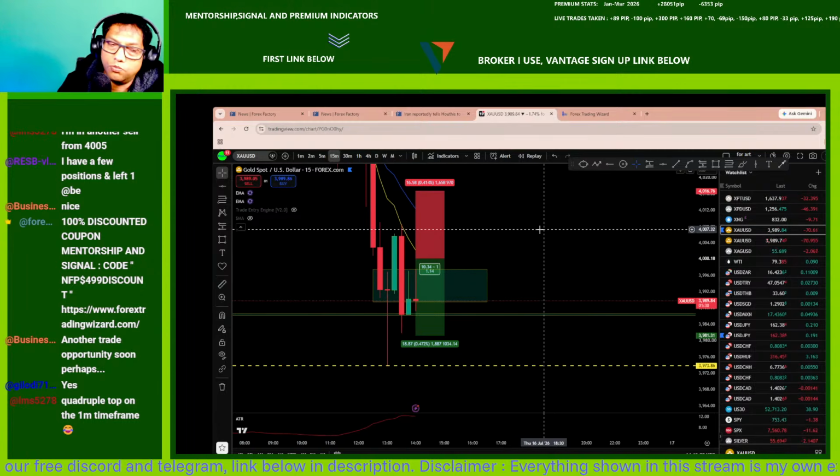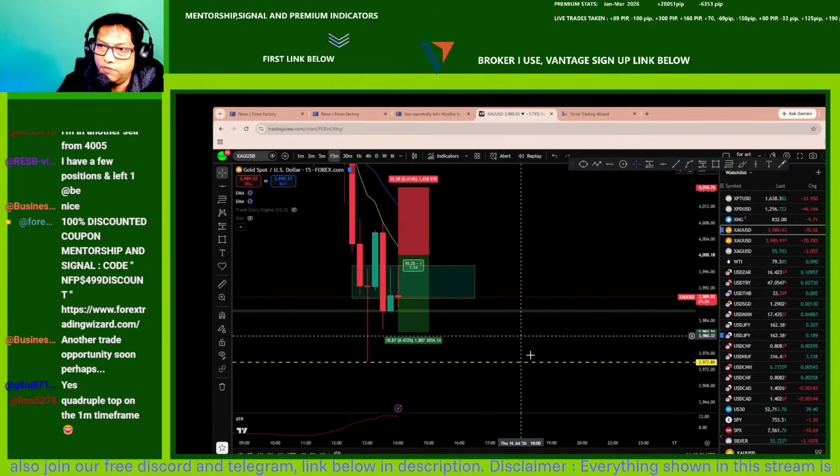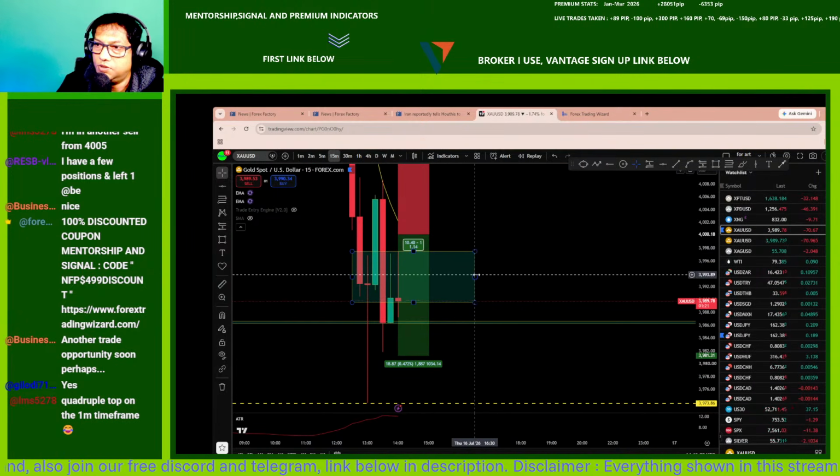It can do some more up and down in this area, and make a quadruple top before it eventually comes back down below.